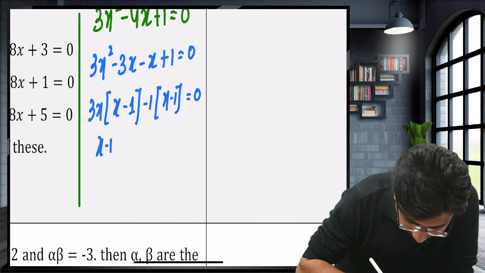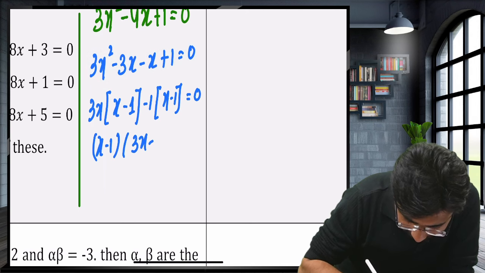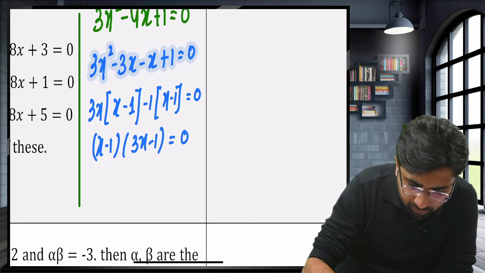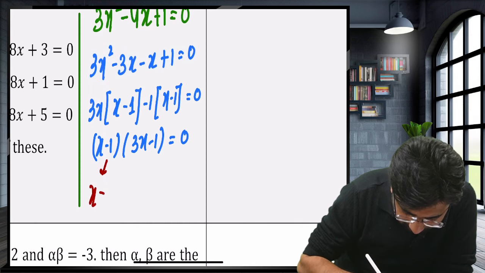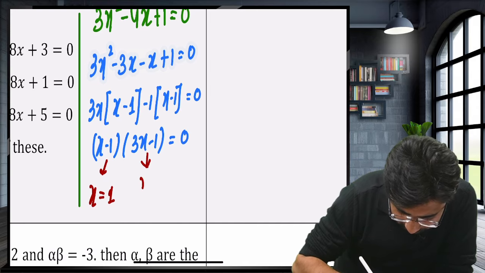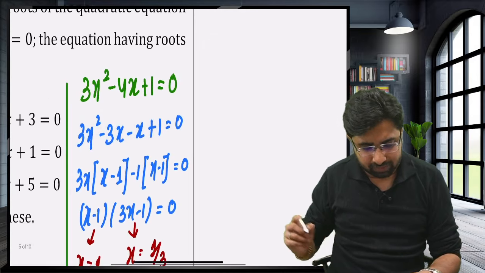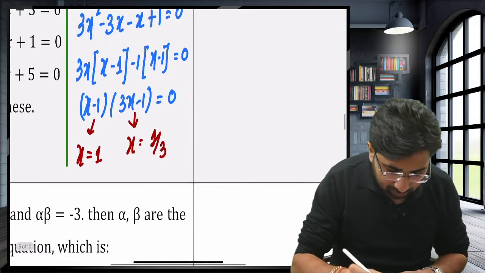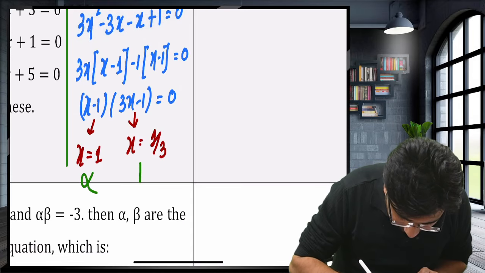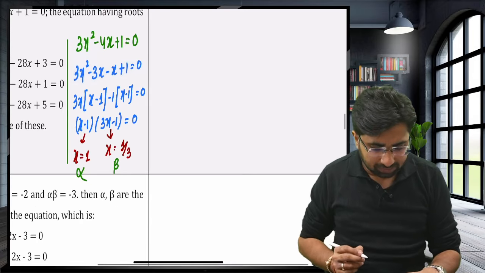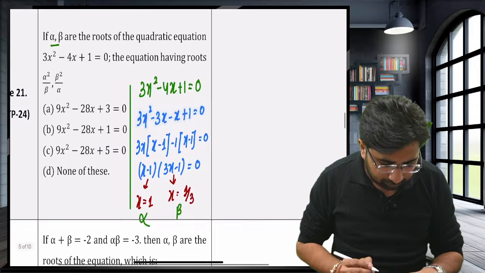So you will get x minus 1 into 3x minus 1 is equal to 0. From here you will get x is equal to 1, and from here x is equal to 1 by 3. So the roots of this equation are alpha and beta. One is alpha and the other is beta. Now you have the values of alpha and beta.